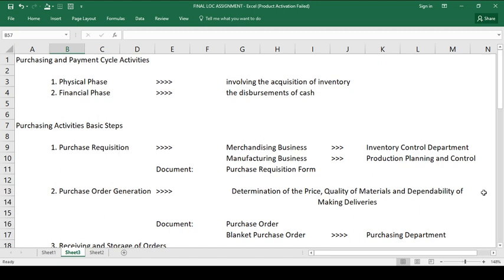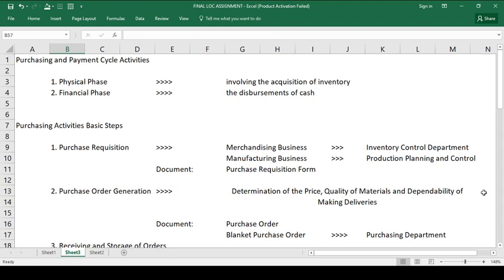For example, an accounting department is asking for a supply of coupon bands, ledgers, journal sheets. Well, it is the department itself that will prepare the purchase requisition form.